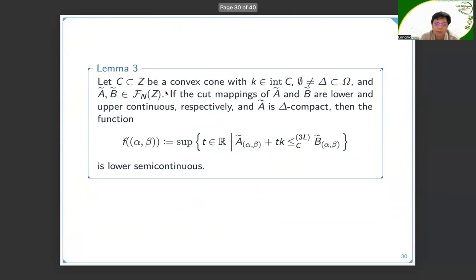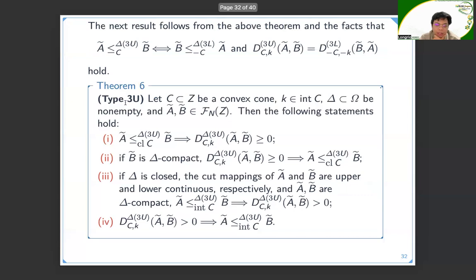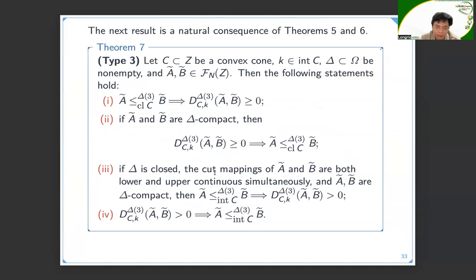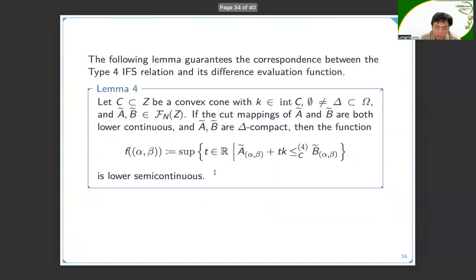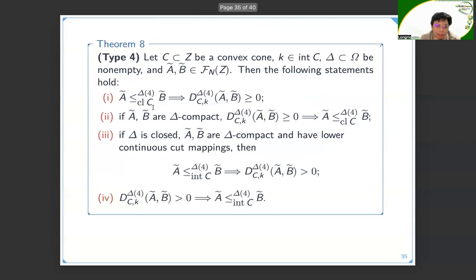This lemma is needed to prove type 3 here, type 3L. Type 3U is analogous with different assumptions. Then the combination leads us to type 3. To prove the type 4 result, we need this lemma. And here is type 4.